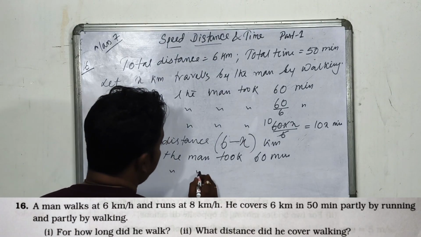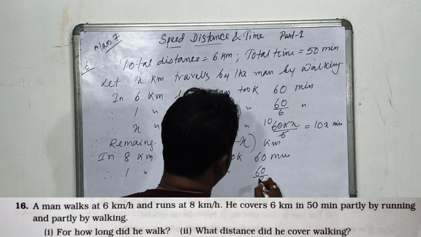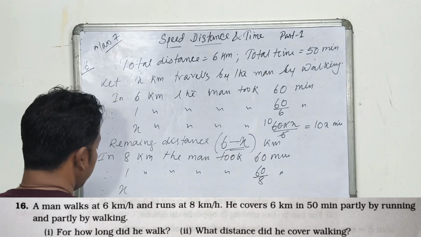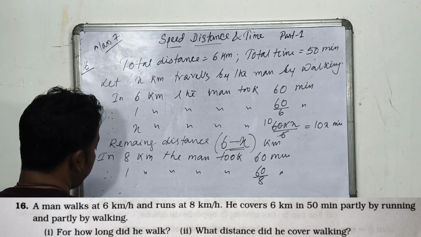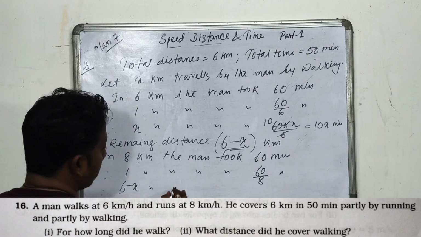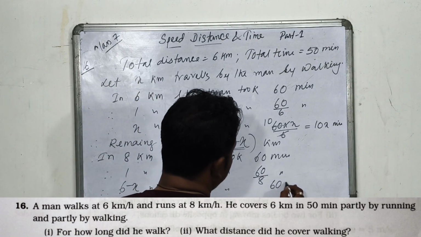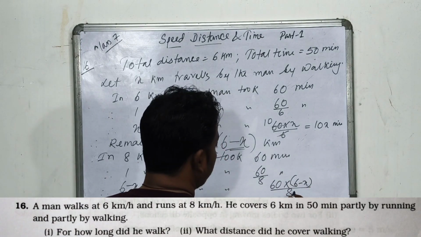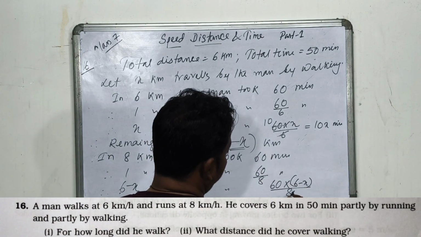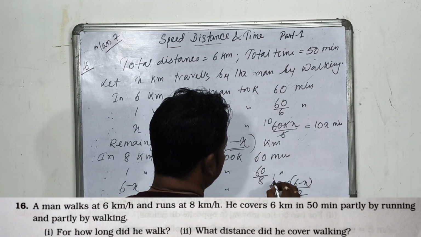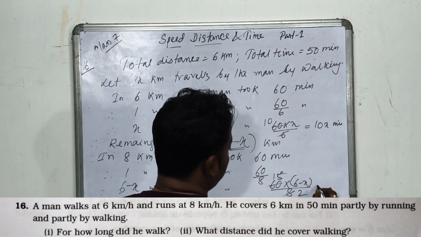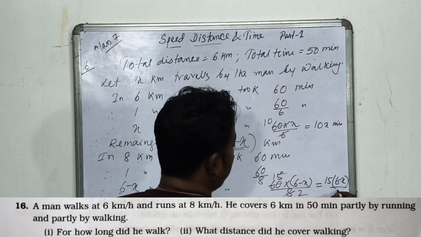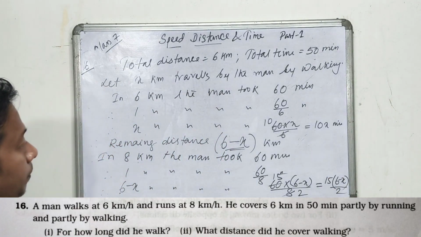Therefore, in 1 kilometer the man took 60 by 8 minutes. The remaining distance is 6 minus x kilometer, so the man took 60 into 6 minus x by 8, that is 15 into 6 minus x by 2 minutes.